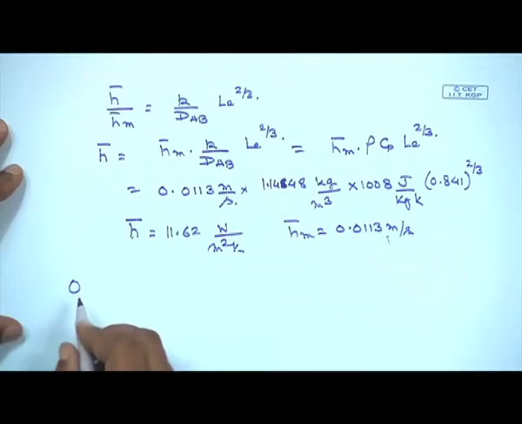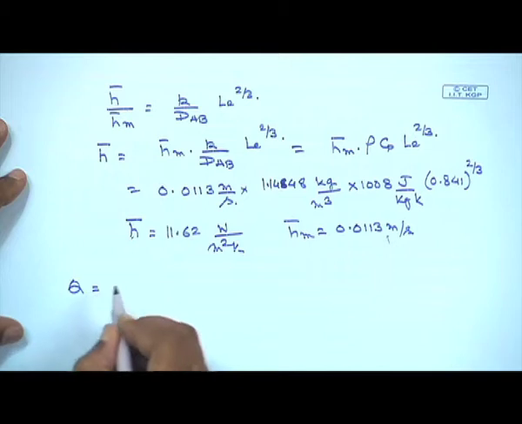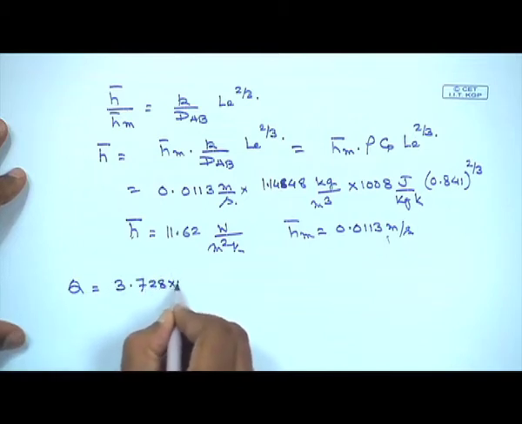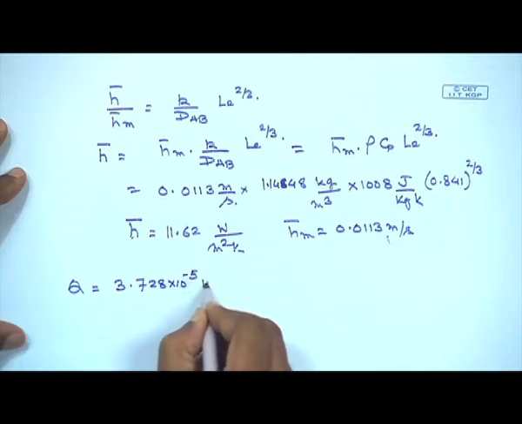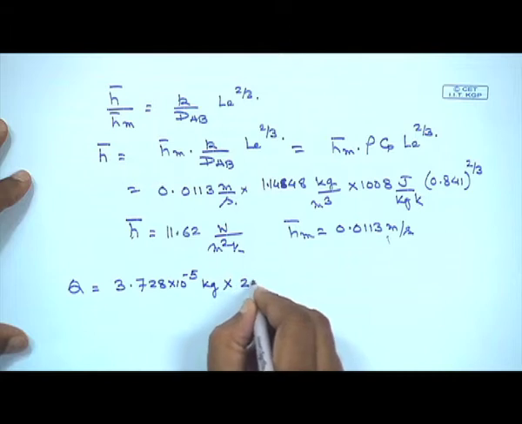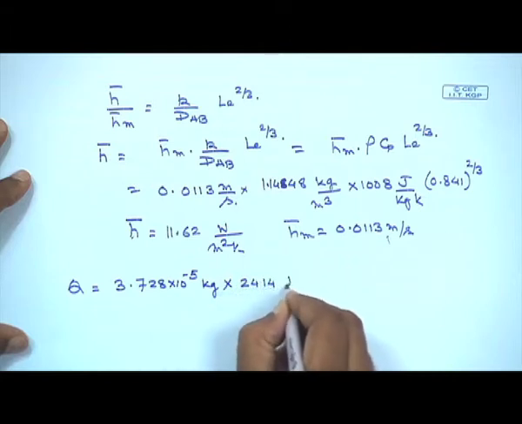So what needs to be done is to find out the total energy required as a combination of evaporation and natural convection. So we find out the value of Q, which is 3.728 into 10 to the power minus 5. This is the mass of the droplet, and this mass is going to change from liquid to vapor.